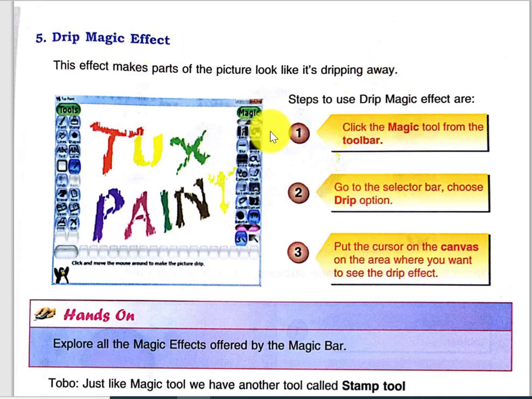Go to the selector bar, choose the drip option. Put the cursor on the canvas on the area where you want to see the drip effect. Earlier we wrote Tux Paint. On top of it, if we select the drip magic effect and put the mouse on it, it will look like some color is dripping out.